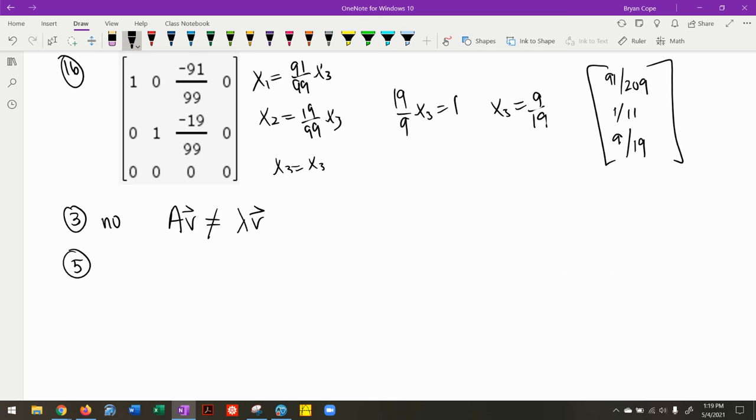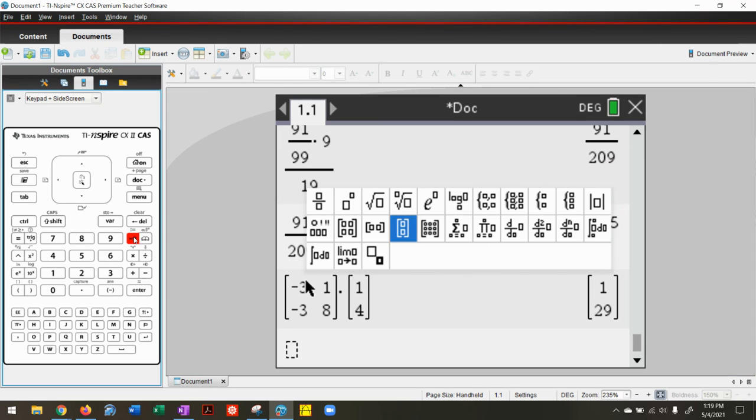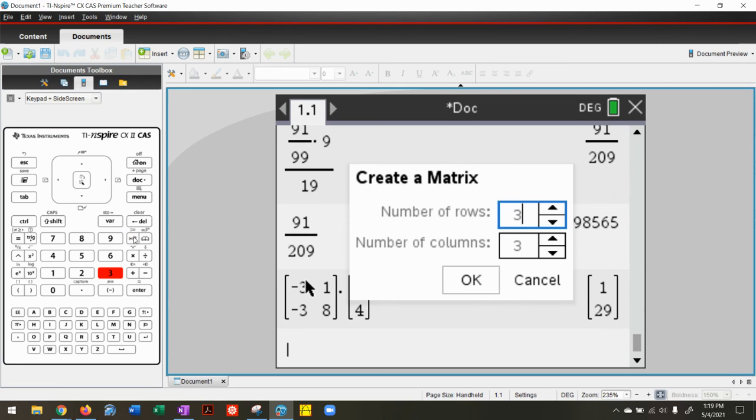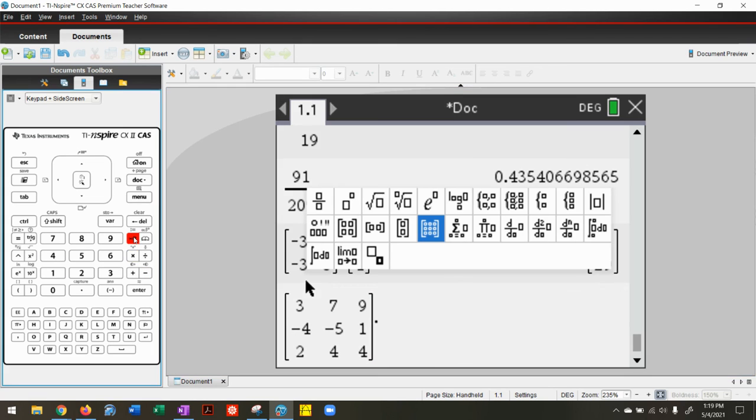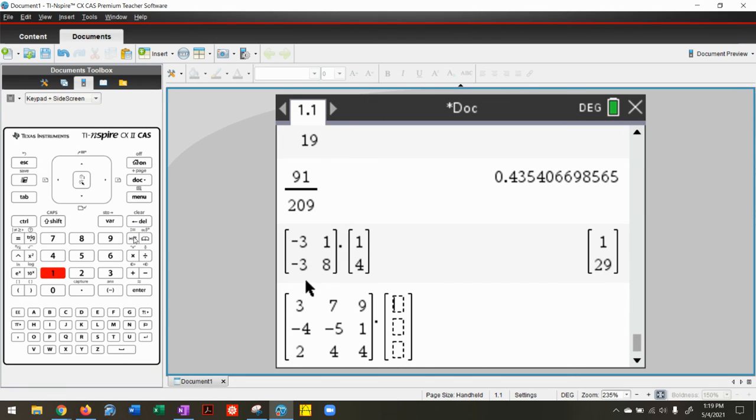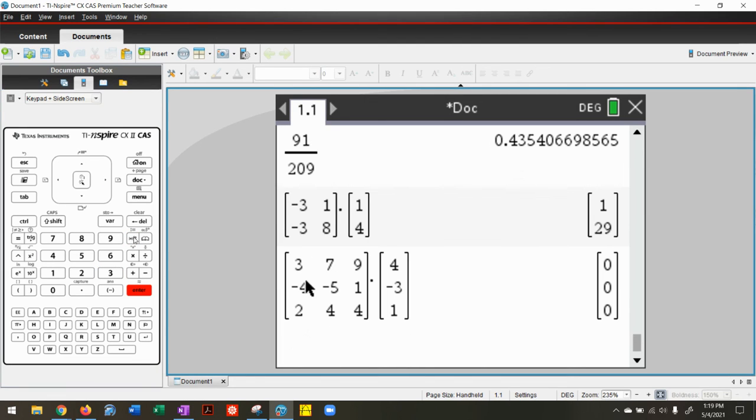Let's take a look at 5. So we're going to take the matrix [3, 3, 7, 9; -4, -5, 1, 2; 4, 4] and multiply it by the vector (4, -3, 1). Okay, cool. So that thing is a scalar multiple of the original vector, isn't it?